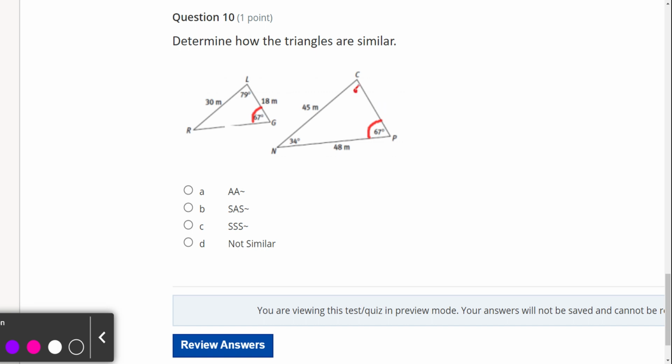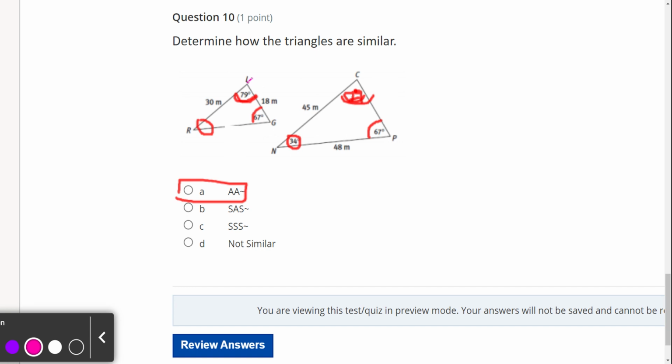Can I figure out what C is? If I know 34. So I'm going to save you some time and say that's 79 if you do triangle sum. So now the 79s match, right? I'm putting 2 here because 1 loop means those 2 equal and 2 loops mean those 2 equal. And then I'm going to circle the 34 and the 34, right? Those also match. This is angle, angle.